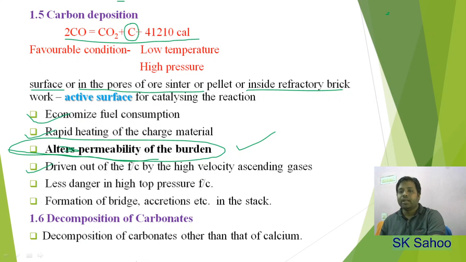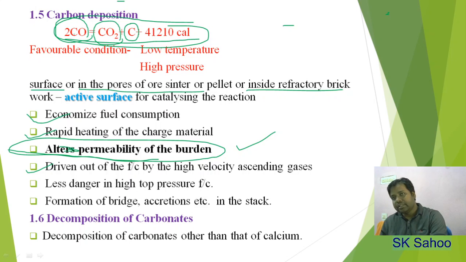Okay, and we know that in this reaction 2 carbon monoxide produces 1 carbon dioxide. I am talking about the gases only. All the gases: 2 carbon monoxide forming 1 carbon dioxide.